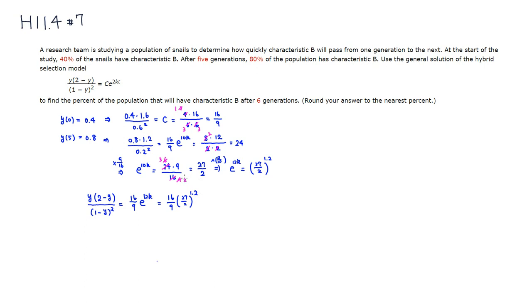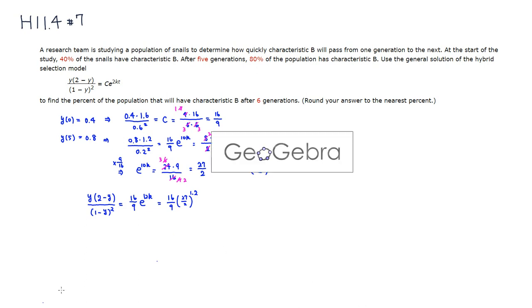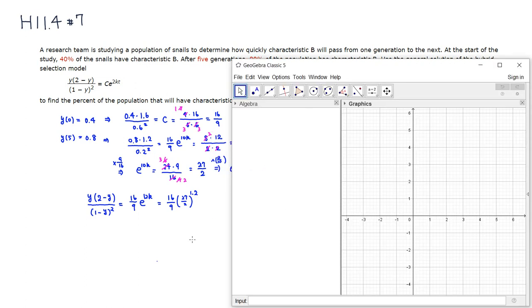All right, so I'm going to cheat a little bit using GeoGebra to find y here. So I'm going to open up GeoGebra. I'm going to put the right-hand side as the y value, so it's a little bit confusing. So instead of y, I'm going to use x.